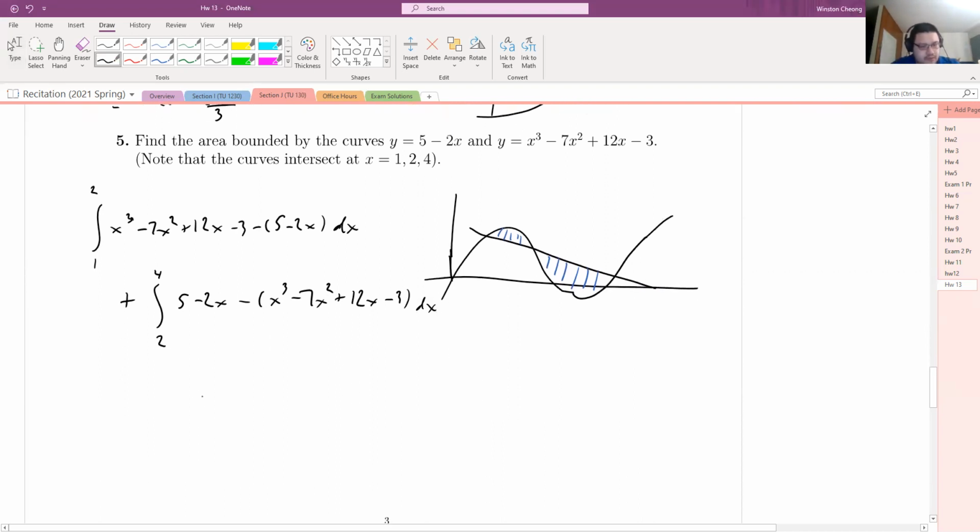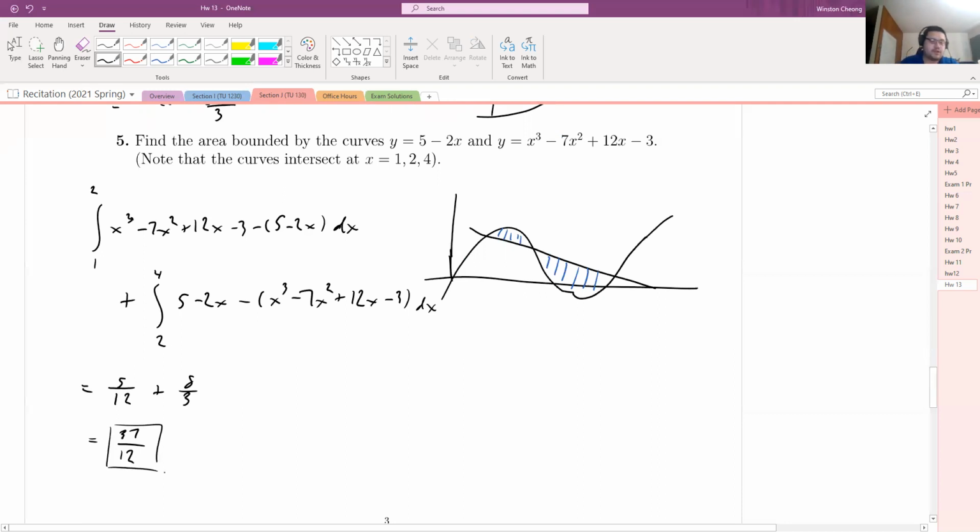What I'll do is at least give you what the values should be when you compute these two integrals. The first integral, you'll get the value 5/12, and the second integral, you'll get the value 8/3, which will give you a total answer of 37/12.